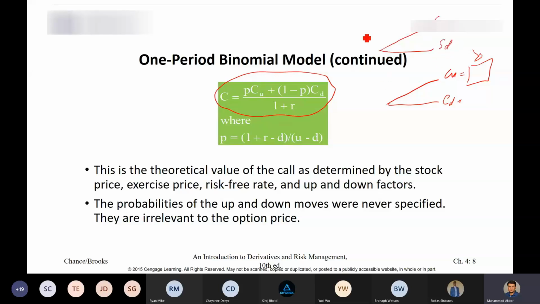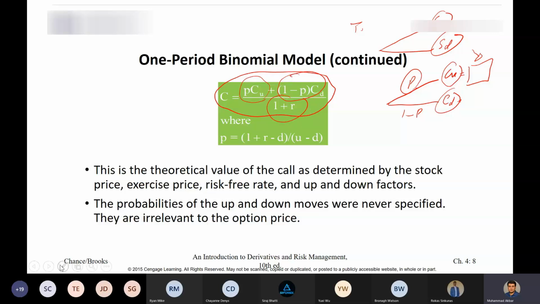So the next thing you need to do is to know the probability of the stock price going up or going down. If you know these probabilities, you can calculate the expected value of each cash flow and add them, and that is your weighted cash flow, and discount it by 1 plus the risk-free rate.